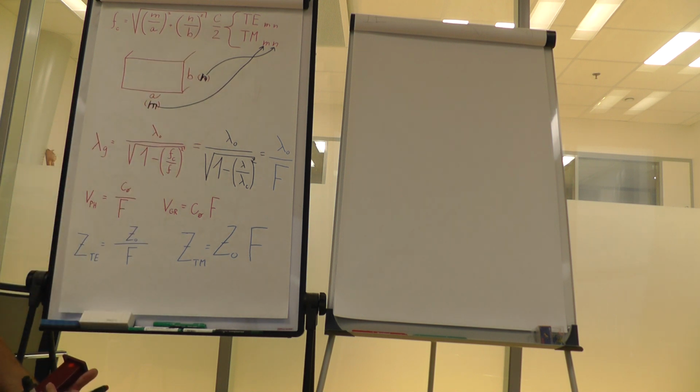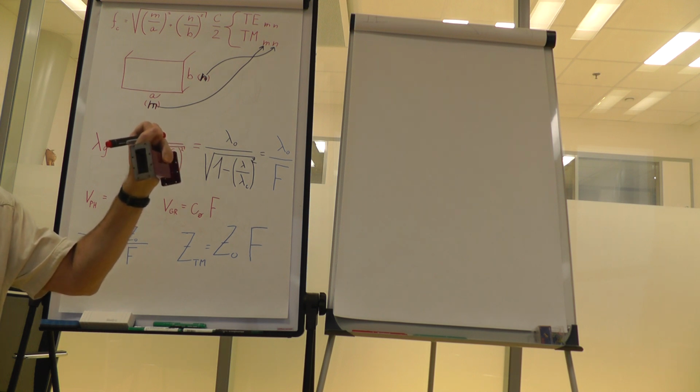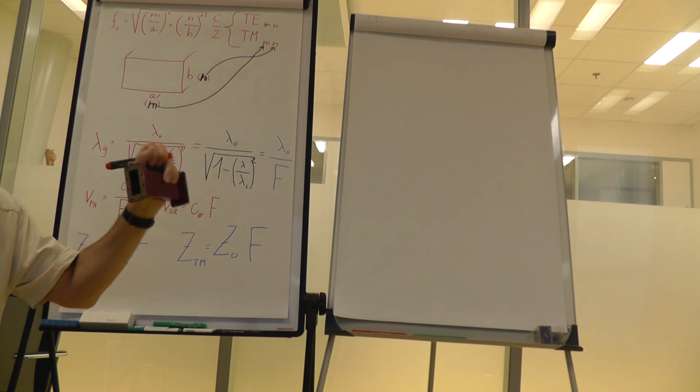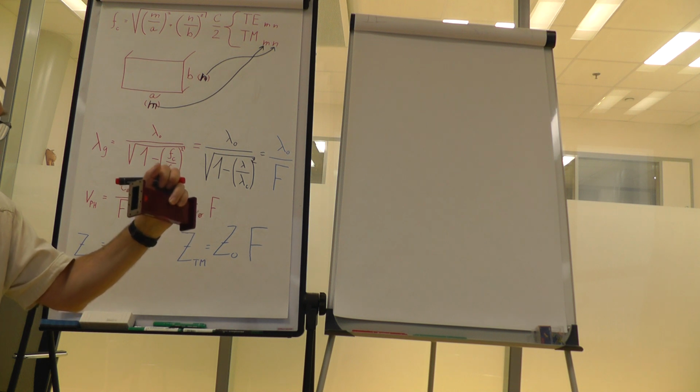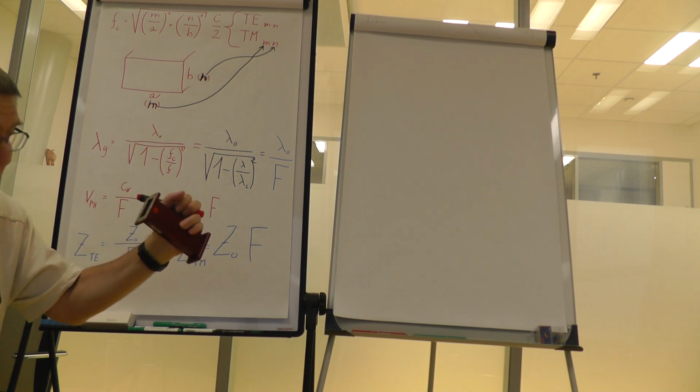Now, as those numbers M and N cannot be zero simultaneously, you cannot have a mode TE00. The critical frequency is non-zero for any arrangement. So the waveguide acts as a waveguide only from a certain frequency. That's in good accordance with our everyday life opinion.